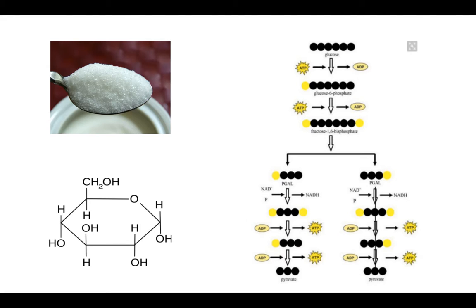Sugar is just too big for our cells to ingest. Sugar is a 6-carbon ring, and in order for our cells to ingest that 6-carbon ring, it needs to be broken down to 2 3-carbon chains, and those 3-carbon chains are called pyruvate.